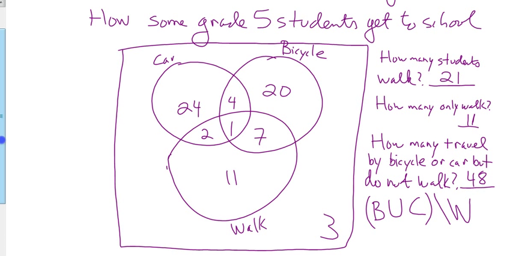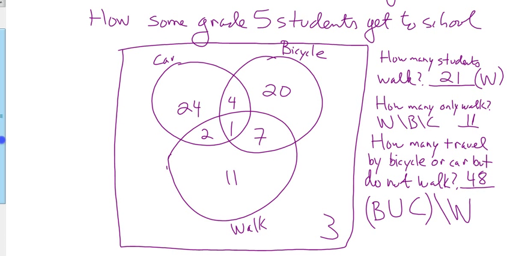What do we do for only walk? It's like walk minus bicycle minus car. That'll give us only walk. What do we do for walk? You just write W, the set W, anything inside the W circle.